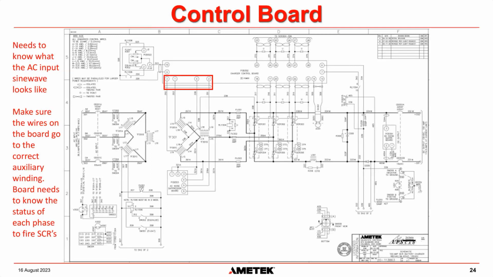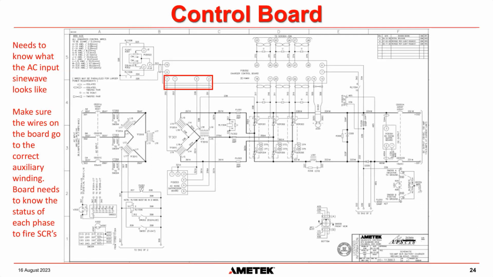Okay? So if the control board LED is on and the charger still doesn't seem to be producing an output, then you need to make sure the wires on the board go to the correct auxiliary windings, because the board needs to know the status of each phase to fire the SCRs.